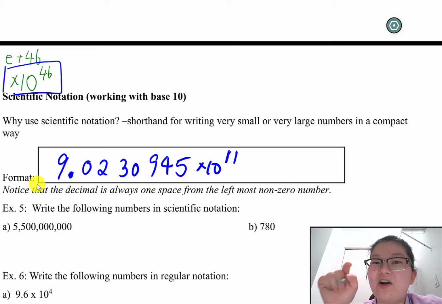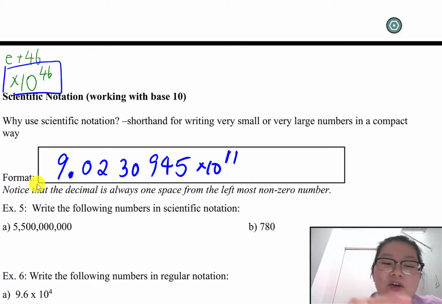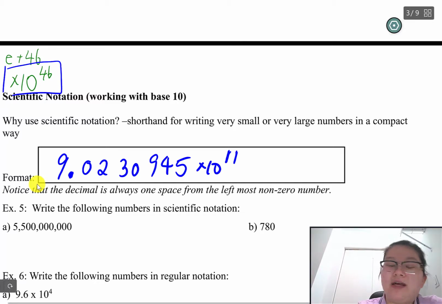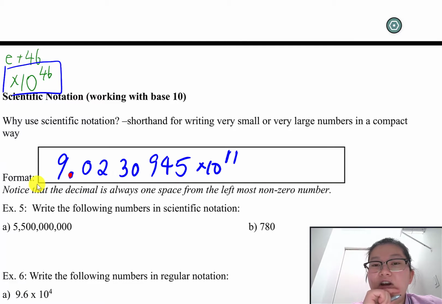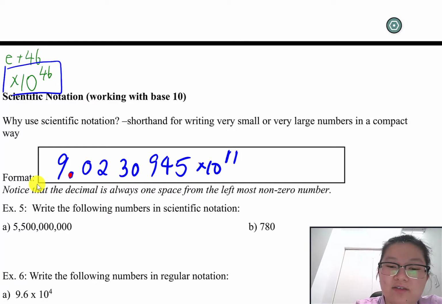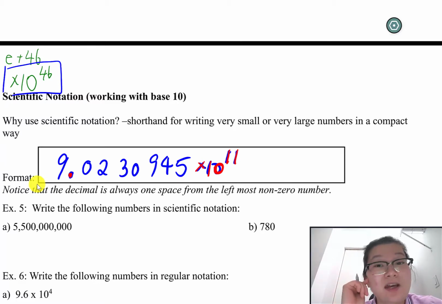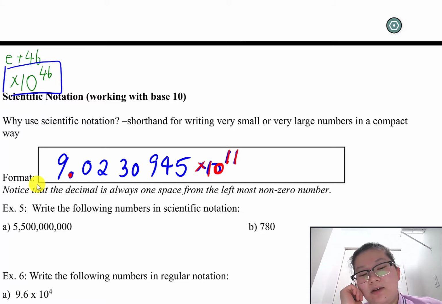Whenever you're converting a number to scientific notation, you must put that decimal exactly right after the largest place value that is non-zero. Another signature part of this is the times 10 to the power of something. It can be a negative number, but you don't learn that this year. Okay, so that is what that looks like.